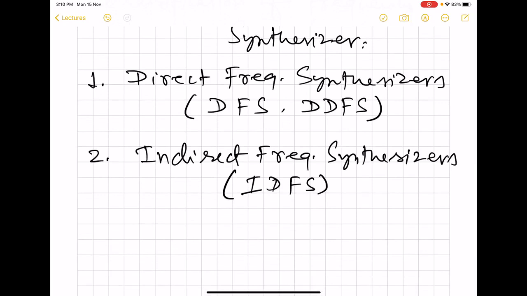We are going to study each of these two, and we will talk about indirect frequency synthesizers in more detail. That is going to be the main topic for this module. But today we will talk about DFS in sufficient detail.